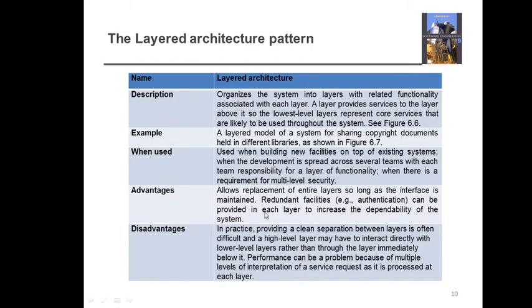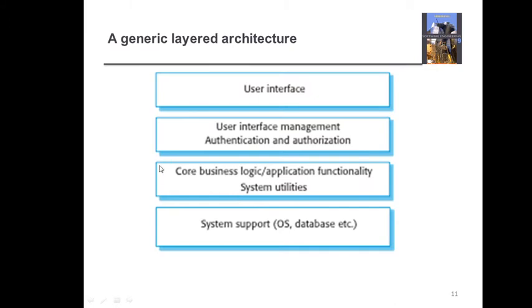Now the advantage. It allows replacement of an entire layer so long as the interface is maintained. That means, say I want to replace this layer. It is possible. I want to modify it or add a new management process, the algorithm might be changed or something might be changed. It is not going to interfere with the other layers.